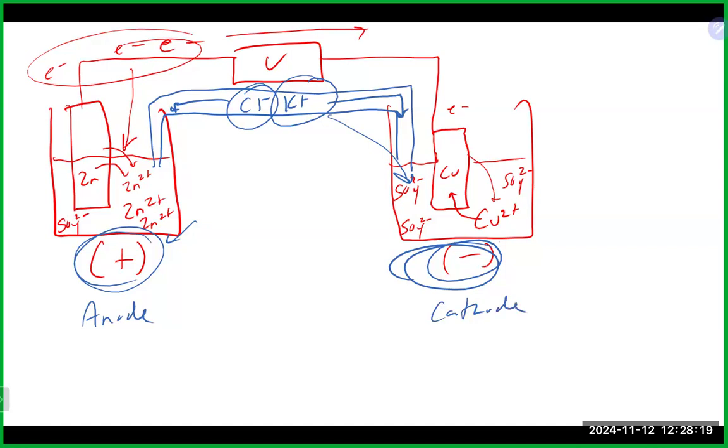It stops the wrong buildup of charge on the anode side and cathode side by funneling in these other positively charged ions and negatively charged ions. These are really just spectator ions of potassium chloride, but their function here is to keep the charges where they need to be to allow the electrons to continuously flow. Any questions on that?